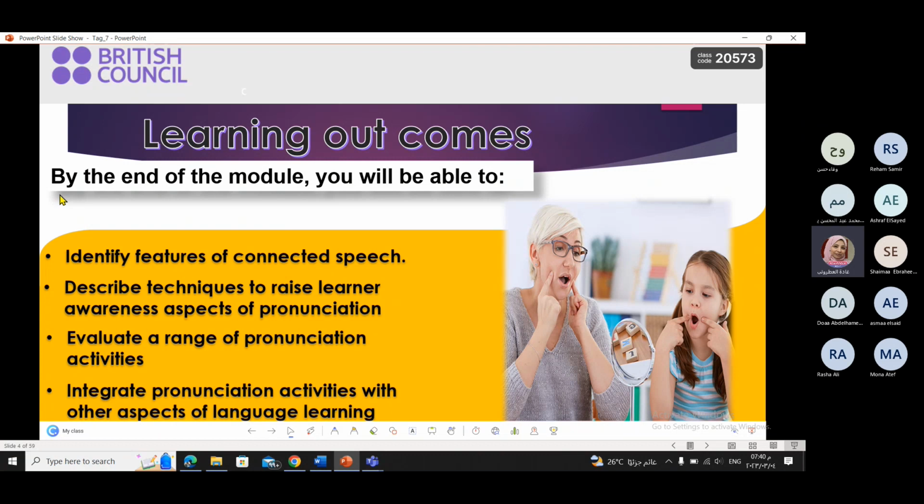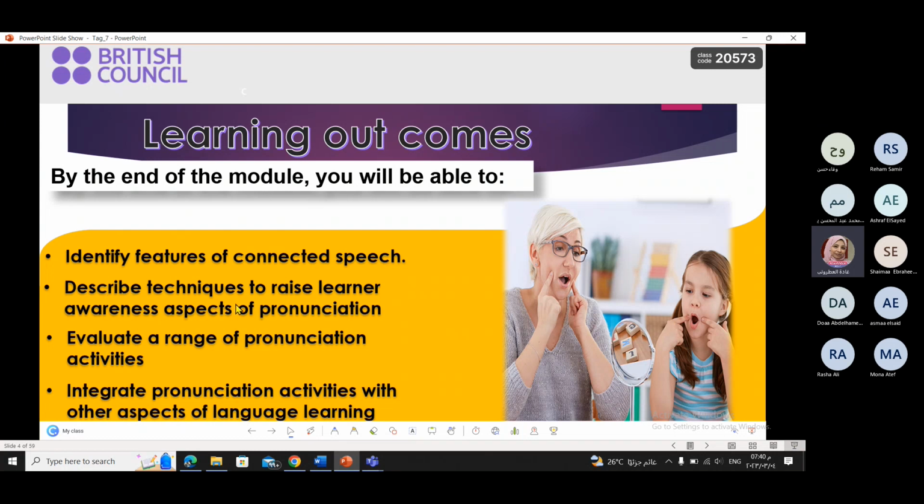So by the end of our module, we'll be able to identify features of connected speech. We are going to simplify what features of connected speech are and why they are very important for us as teachers to teach to the students.